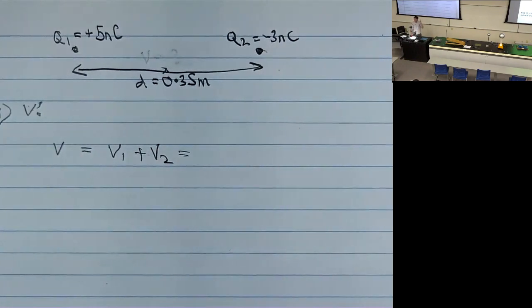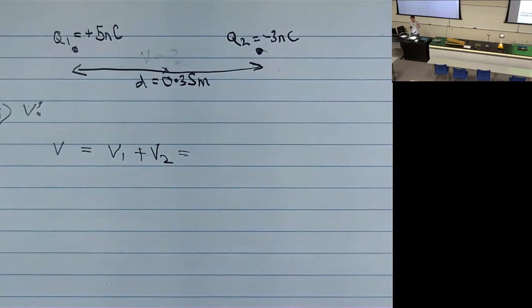But I love superposition with electrical potentials. Why do I have that feeling? Why would I like that? The reason I like that is with electrical fields and forces, superposition means you add together the fields or the forces, but you're adding together vectors. And adding together vectors is costly in terms of time.